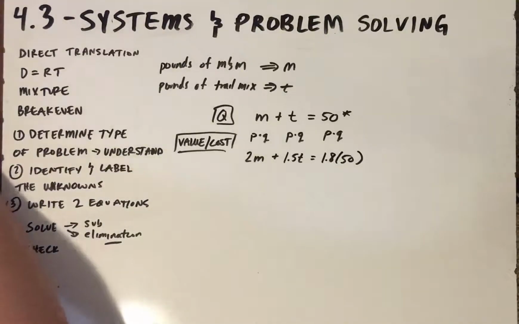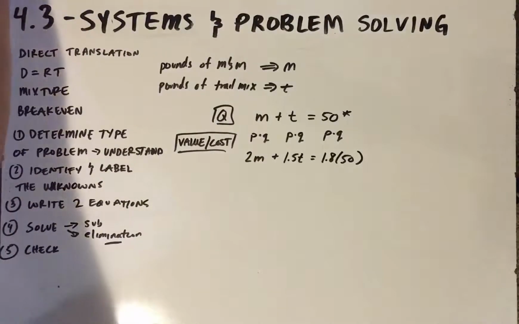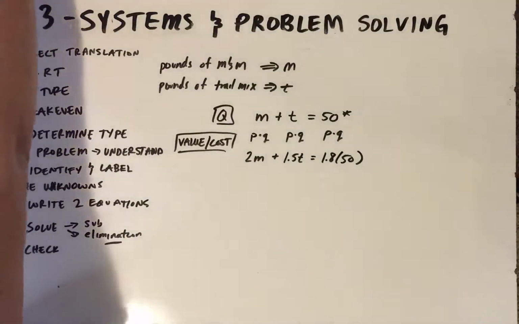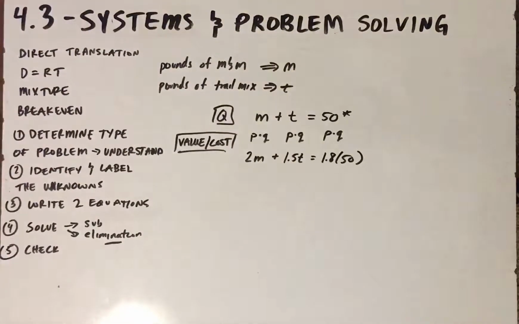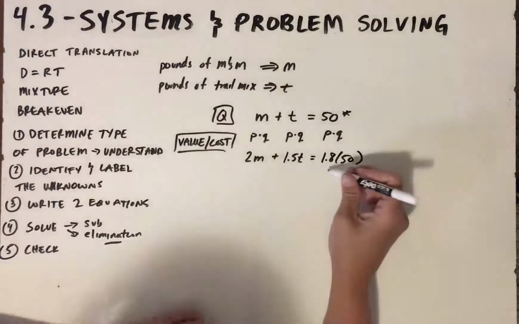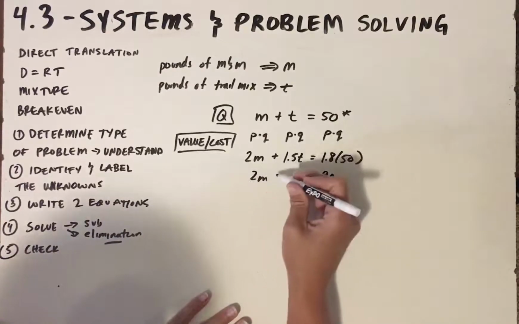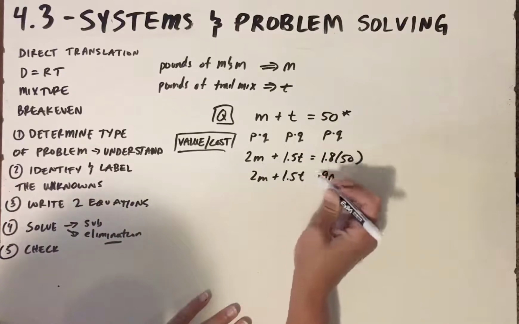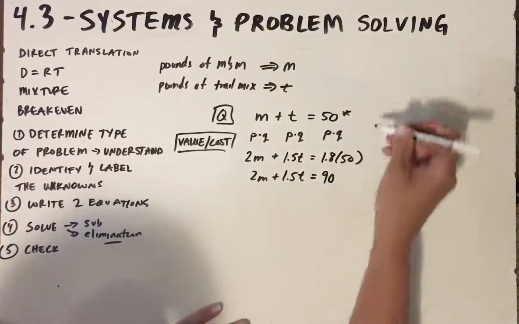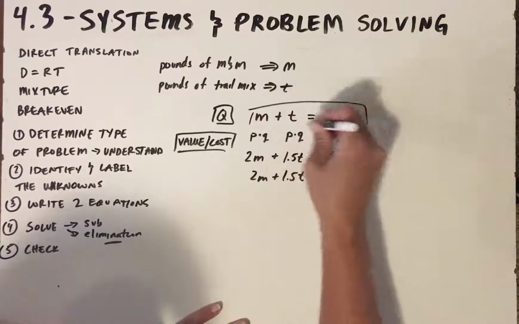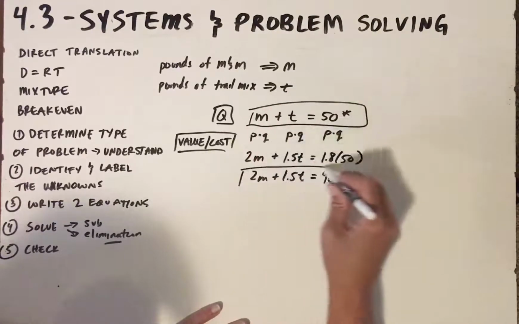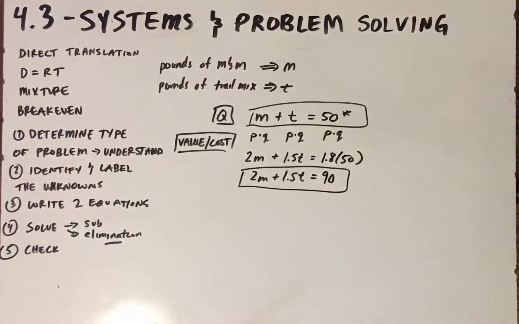So for the 1.8 times 50, we're going to get 90. It's not 90 pounds, it's 90. So we'll get 2m plus 1.5t is equal to 90. So here's equation 1, my quantity statement, and here is equation 2, my value or cost statement.